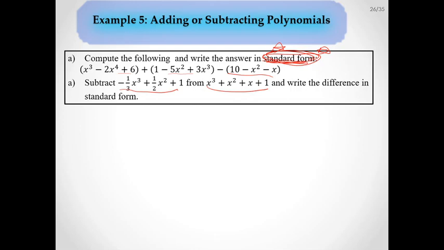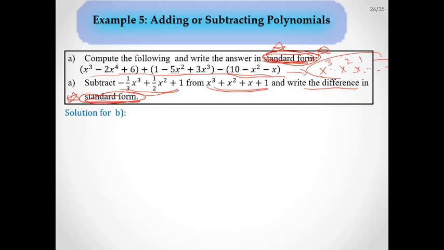Subtract this polynomial from that polynomial and write the difference in standard form again. So standard form again. Okay, I think this is clear. So you will do the job, and then you will write them in the order x cubed, x squared, x to the first, if you have them.